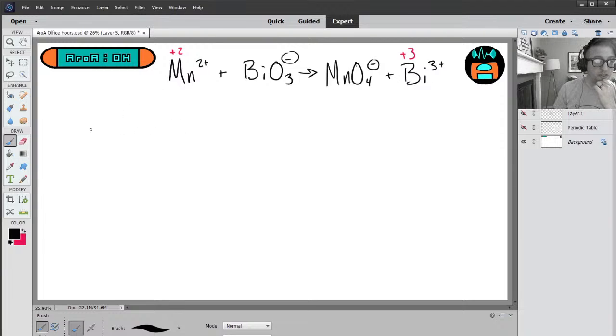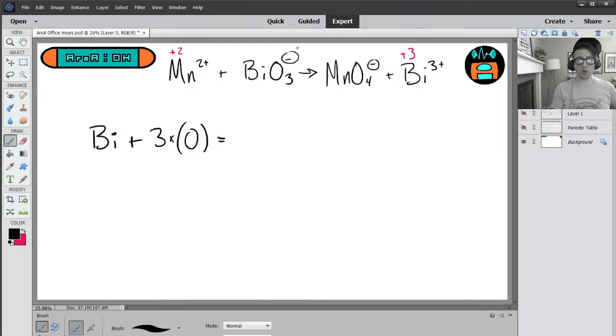So we know that the oxidation state of bismuth plus 3 times the oxidation state of our oxygens has to equal the total charge on our species, which is -1. We don't know the oxidation state of bismuth, but oxygen, and this is the final rule for assigning oxidation states, is the most electronegative element, so it's going to pick up an oxidation state equal to its normal ionic charge, which is a -2.